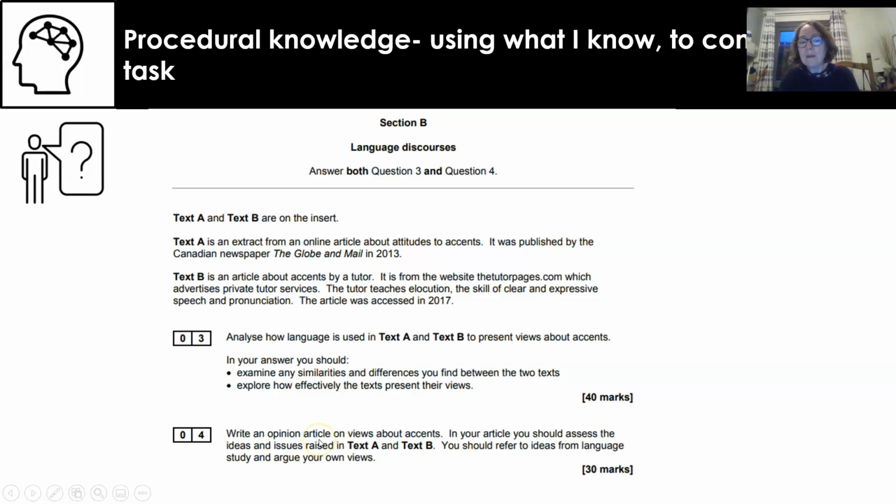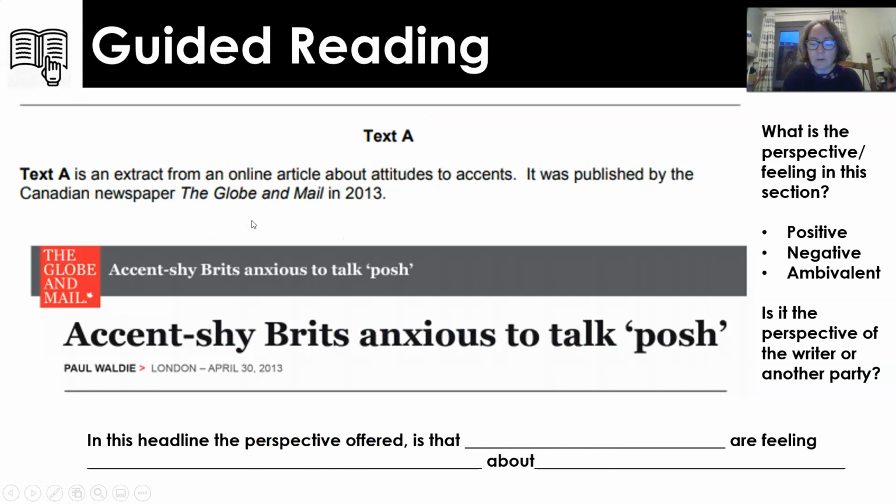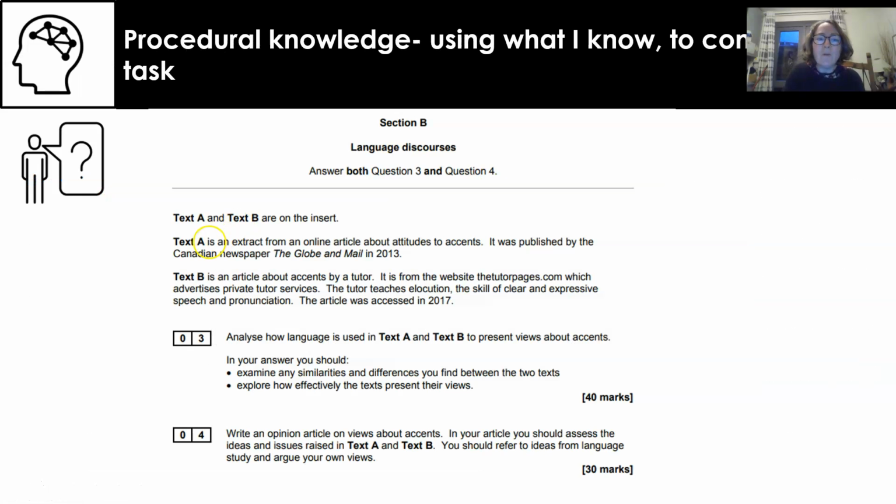Now, because we've been looking at past papers, I just want to draw attention to something. In text A and B that you would have read and analysed for me last week, one was an extract from an online article, but it wasn't an opinion article.